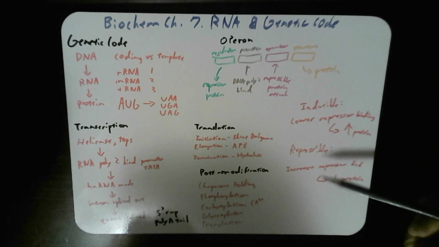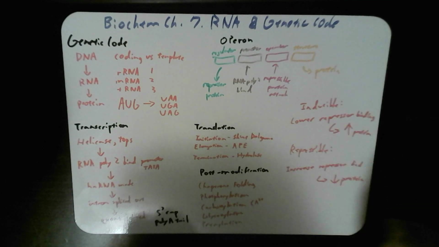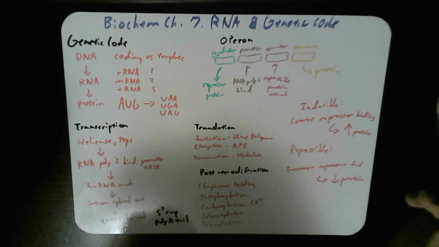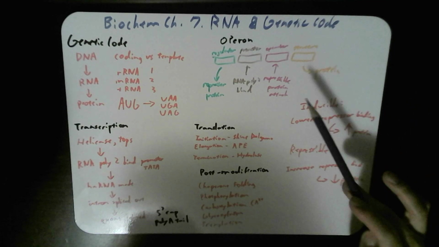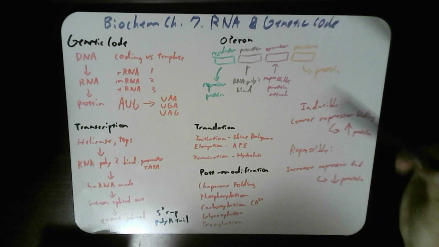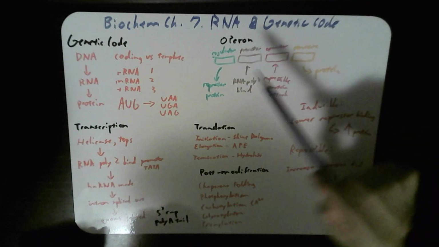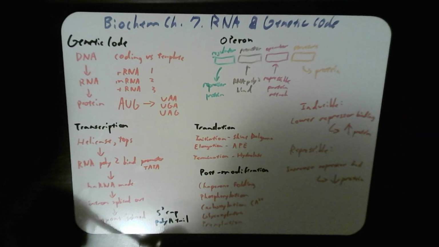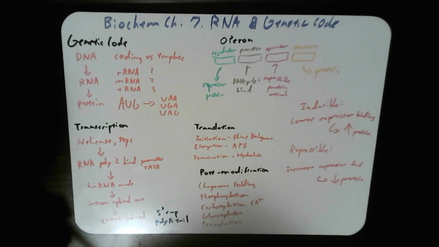In a repressible system, tryptophan is regularly being produced constantly, but the availability of tryptophan in the environment binds to the repressor, and then they co-repress and bind to the operator, and thus cease the production of its own tryptophan. Alright, and that's pretty much it.